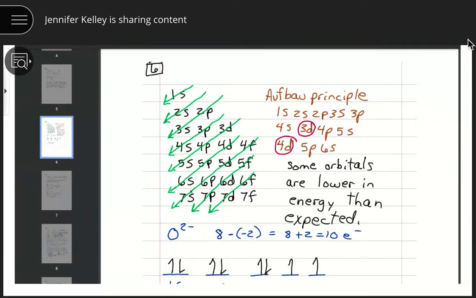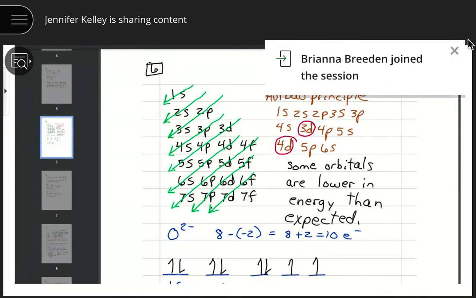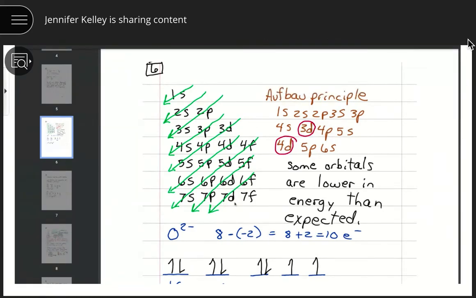They're all S's. In the second column, the numbers go 2, 3, 4, 5, 6, 7, and those are all P's. The next column is 3, 4, 5, 6, 7, and they're all D's. And the last one is 4, 5, 6, 7, and those are all F's.